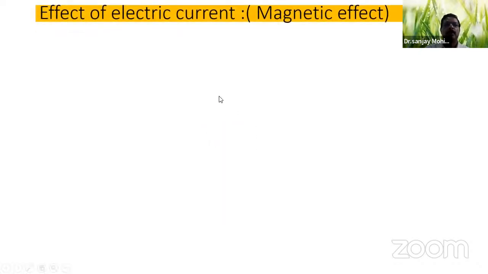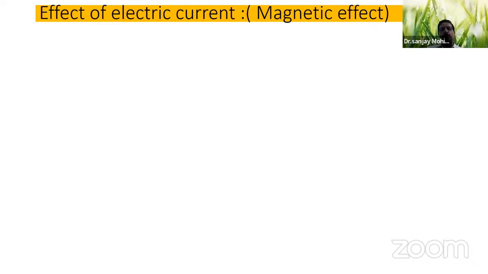So what are the different effects and what are the important parts related to it? Now we are going to start this part. As we see, when the current is passed through the conductor, two types of effects are seen, and that we are going to learn in our 10th standard.